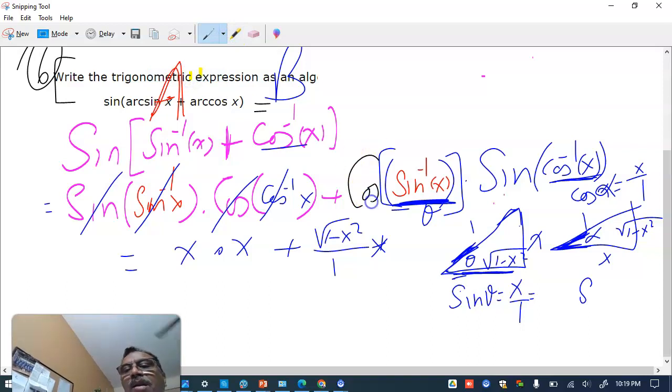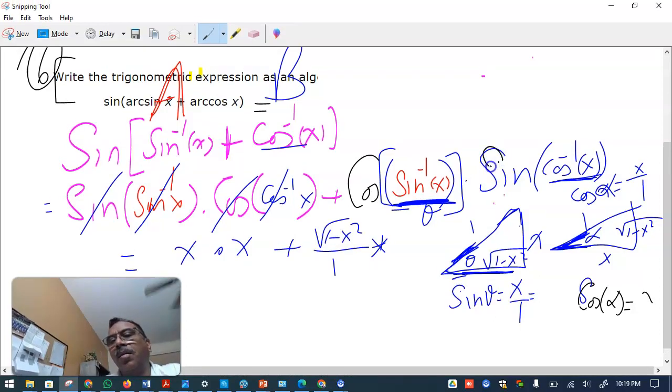We want sine of the angle alpha here, and cosine alpha is x over 1.